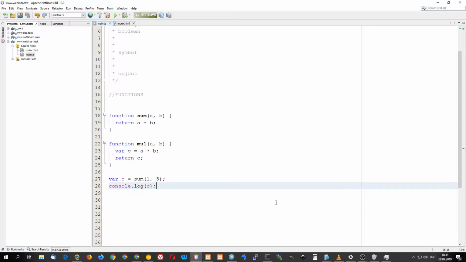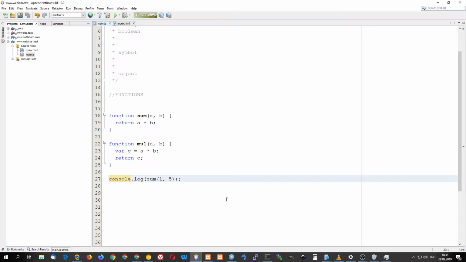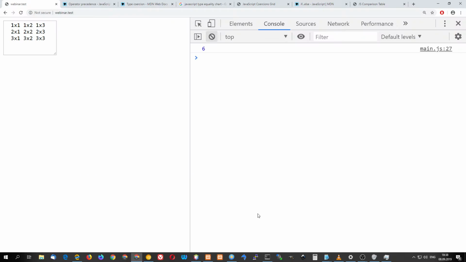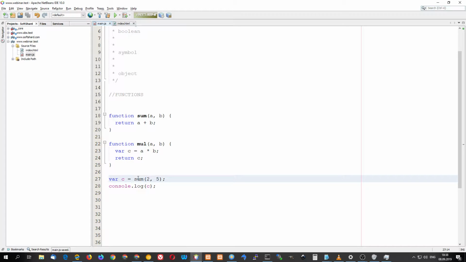We get 6. This is an expression on its own, so I can actually call it like this as well. I can do multiplication, or I can do sum. Let's make it a little bit more visible. That's 7.